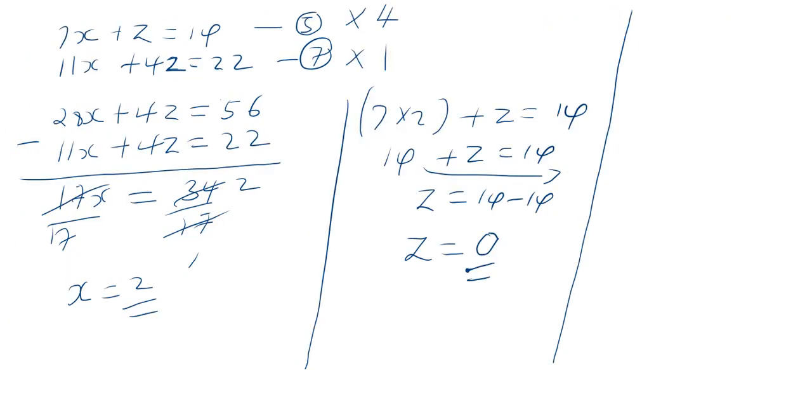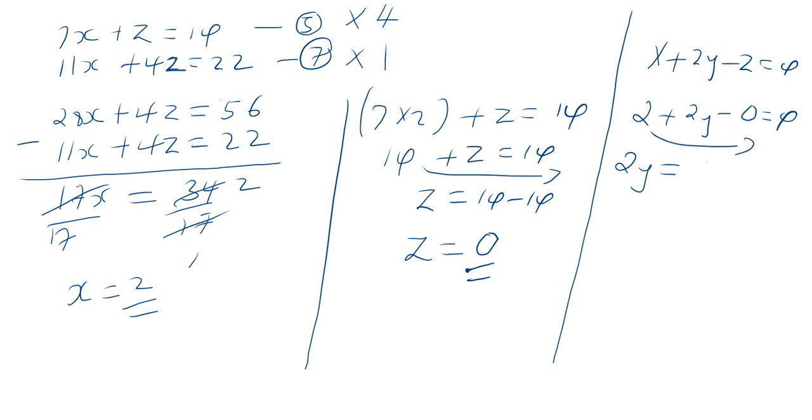So let me have it, which is x plus 2y minus z is equals to 4. X is 2 plus 2y minus 0 is equals to 4. We group like terms together, we shall have 2y is equals to, we take 2 on the other side, 4 minus 2. So we have 2y is equals to 2.